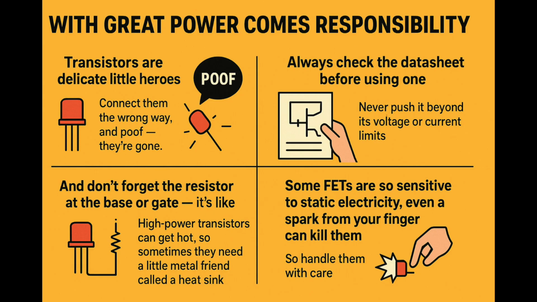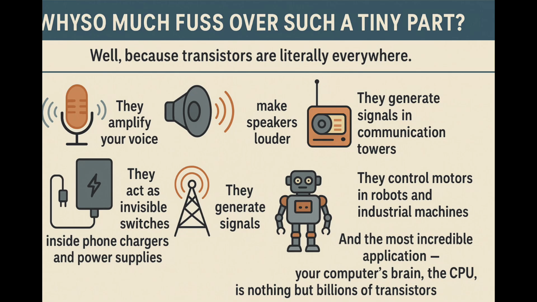It's like a safety belt that keeps your transistor alive. High power transistors can get hot, so sometimes they need a little metal friend called a heat sink to cool them down. And here's a tip. Some FETs are so sensitive to static electricity, even a spark from your finger can kill them, so handle them with care.